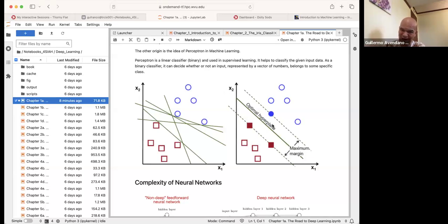So we try to find a line that separates the elements that are on this side of the shore versus the elements that are on the other side of the shore. Which is the best highway that we can build there? Well, there are many ways of doing that. The optimal is the one that maximizes the margin.